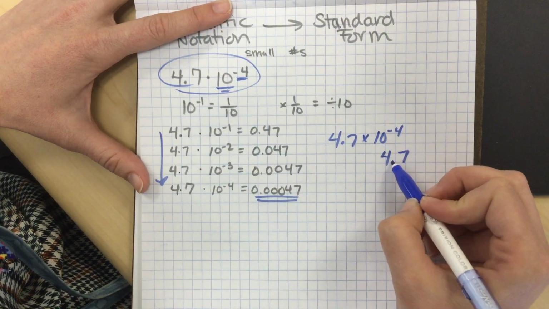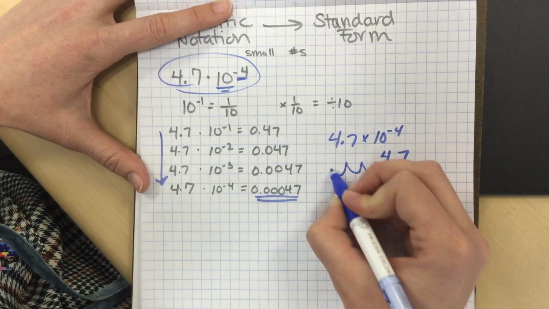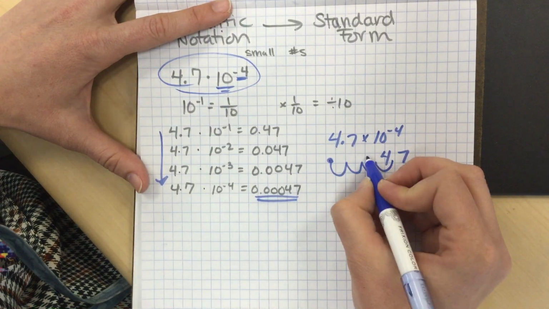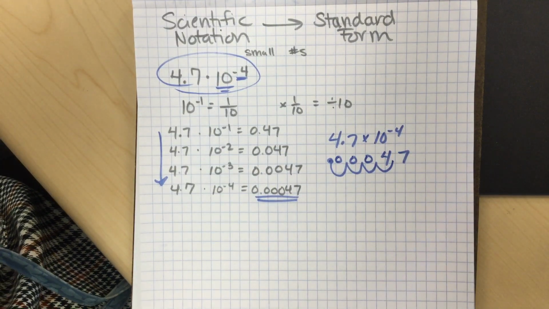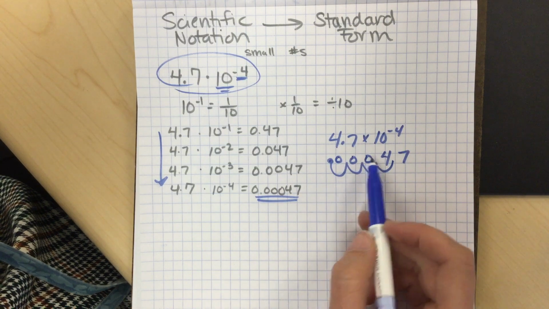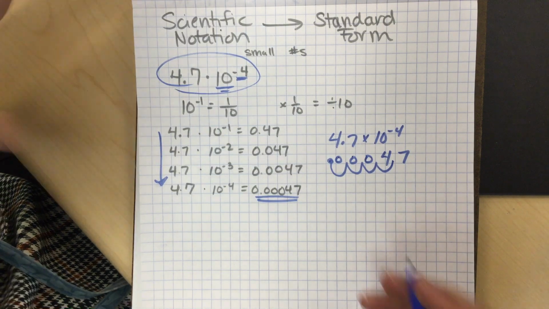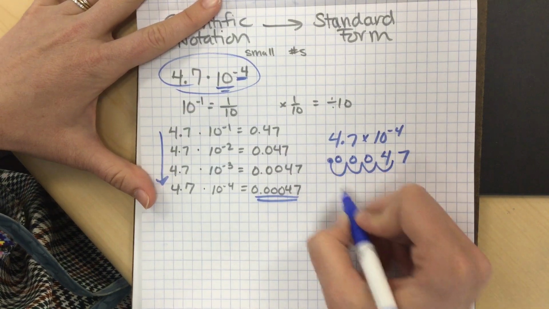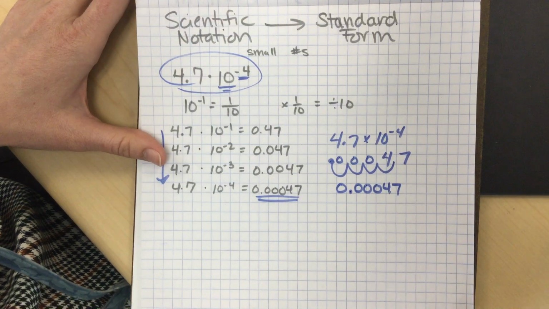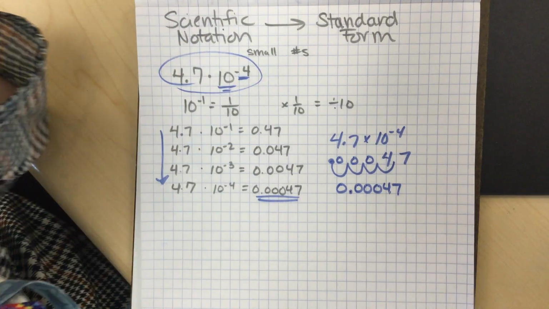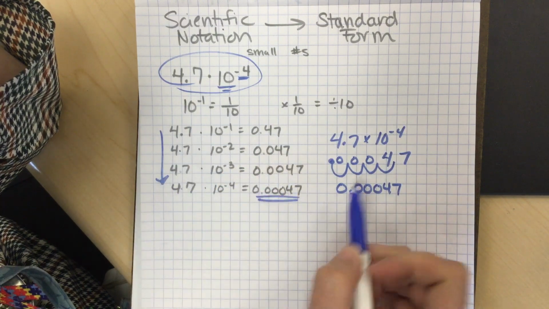Because it's negative, I know it will be a small number, 1, 2, 3, 4 place values smaller. All of these place values need placeholders, which we use zeros for, to have no value for those. So therefore, you get back to 0.00047 or 47 10,000ths. Okay, either way, this is so you can see how we can get there.